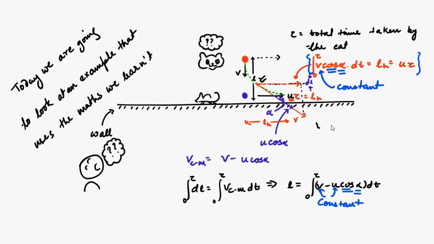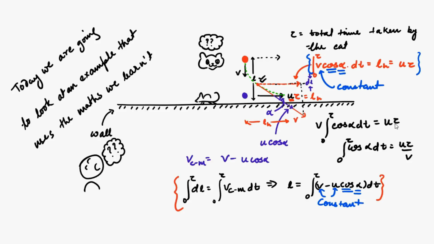If you have watched my previous video, you might have already guessed what we will do: we will take out the constant of the equation, and then we will multiply it later. Okay, we will take out the constant and we will try to get the value of the integral of cos alpha dt.